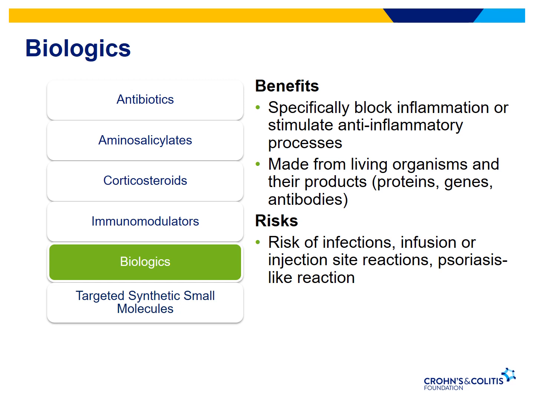Okay, so now let's switch gears to biologics. We call them biologics because these are made from living cells. So these are antibodies directed against specific proteins or chemicals that are perpetuating inflammation.